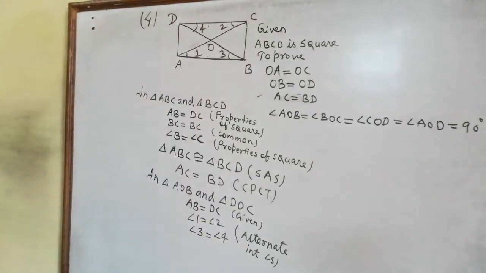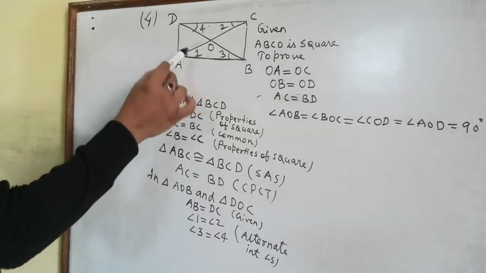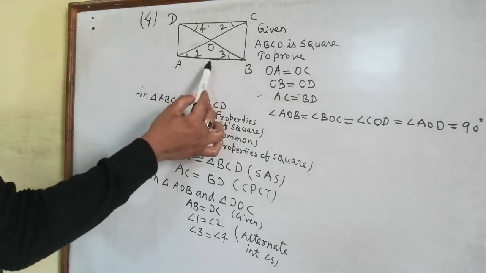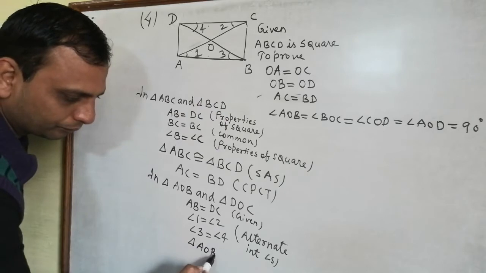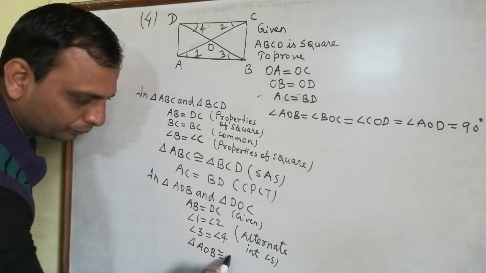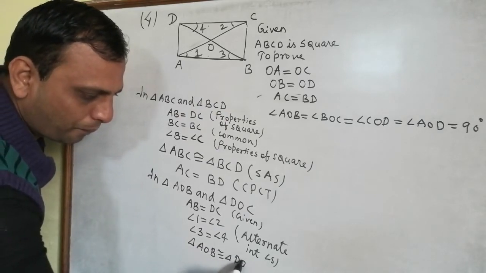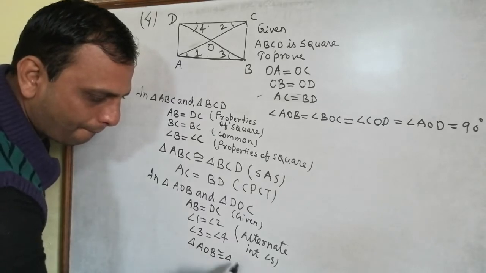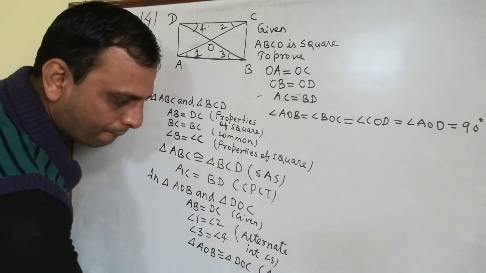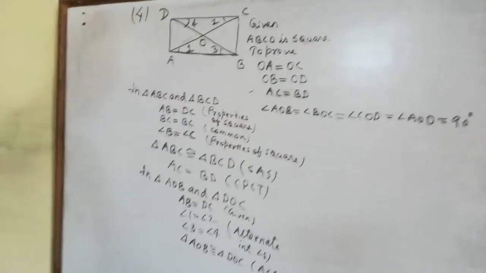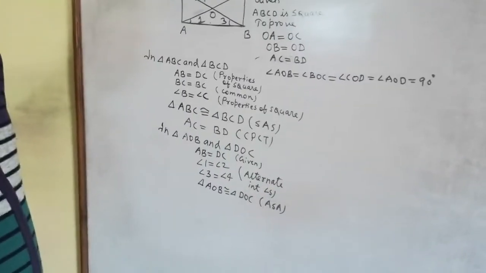Now we can say that these two triangles are congruent, and we have to see which criteria we can use. Here we have the angle-side-angle, ASA.